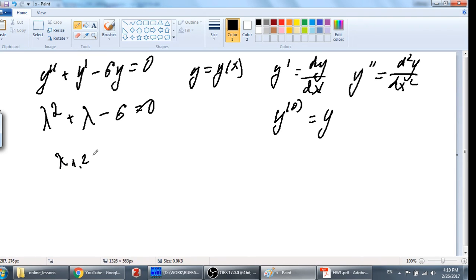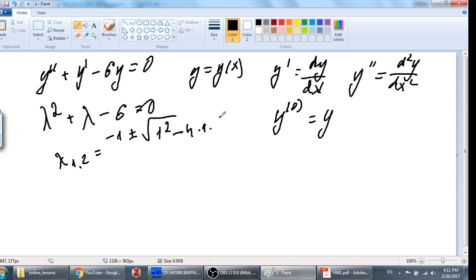So then you basically solve it. Lambda 1,2 will be minus 1 plus or minus the square root of 1 squared minus 4 times 1 times minus 6.